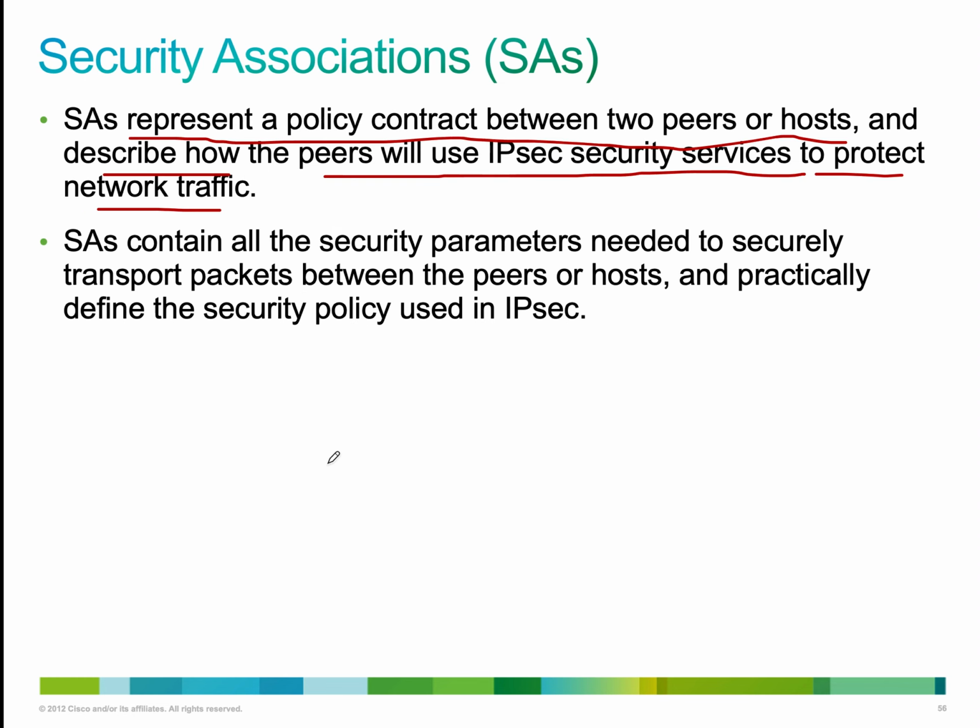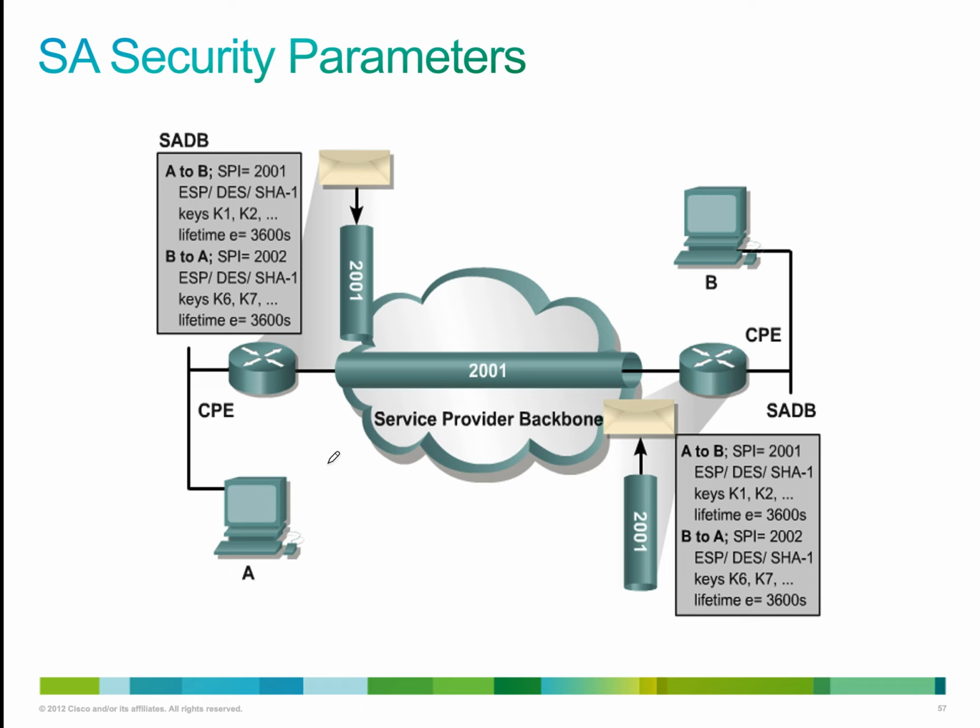Now let's define security association properly. Security associations represent a policy contract between two peers or hosts and describe how the peers will use the IPsec security services to protect network traffic. SAs contain all the security parameters needed to securely transport packets between hosts and practically define the security policies using IPsec. For SA parameters, this is host 1, and these are the security details it has: the encryption, the hash, the key, the lifetime.